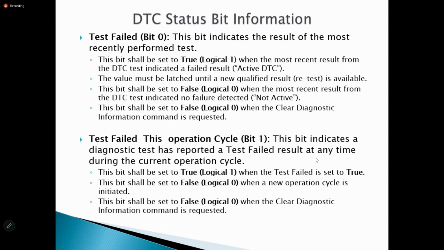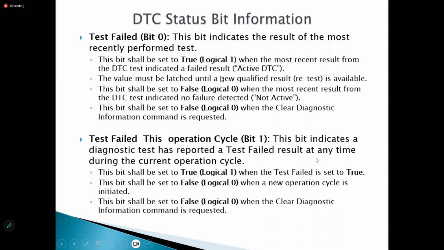If the test is passed, this bit will immediately set to false, or if the test is failed, then this bit will set to true. So this indicates there is an active failure. That means by seeing this bit, we can see that this fault is still there in the ECU. Understood?